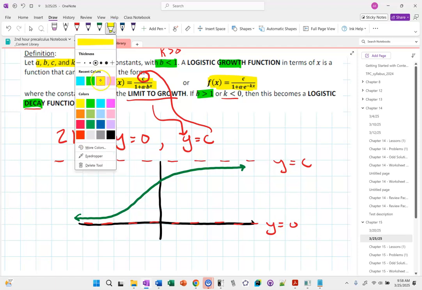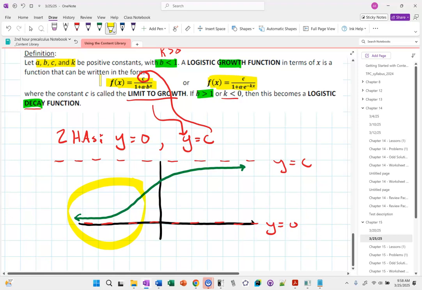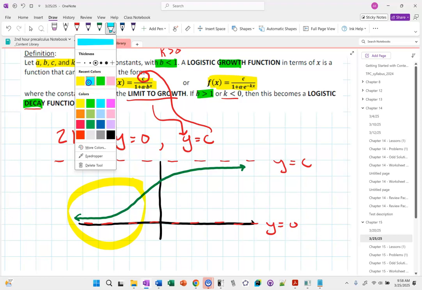Notice in the beginning we're growing very fast, like an exponential growth curve.